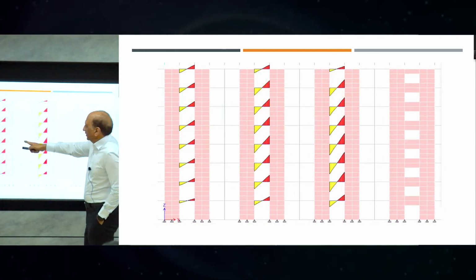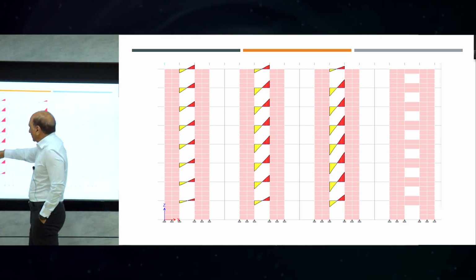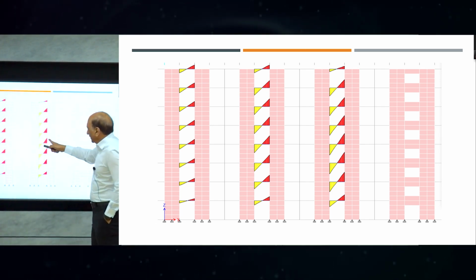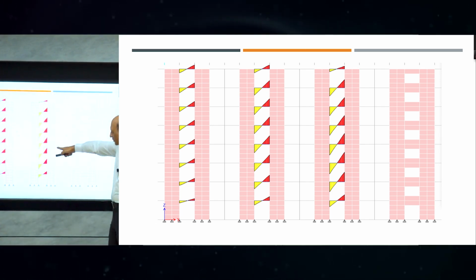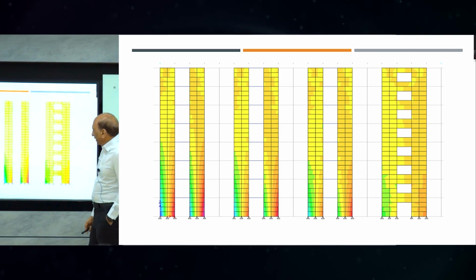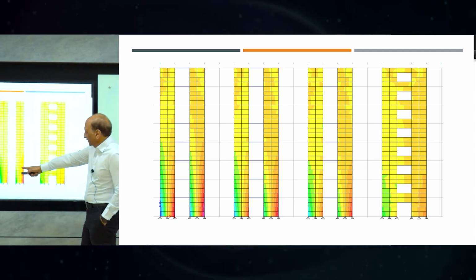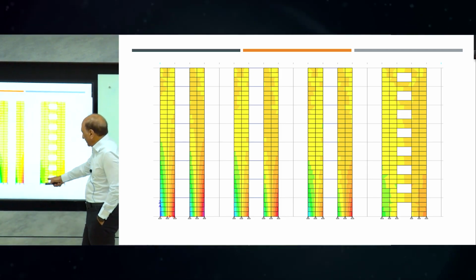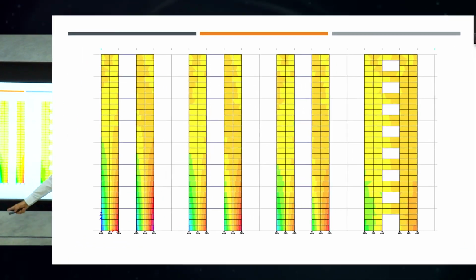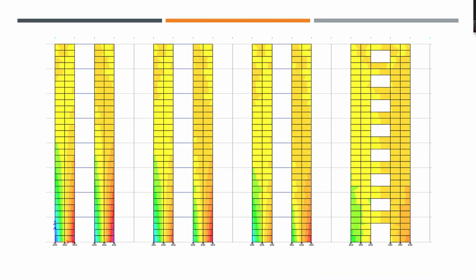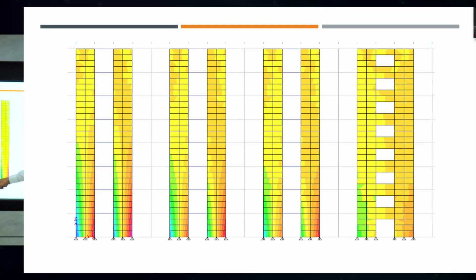So this is the bending moment happening in each one of them. Here, bending moment is increasing as you increase the size. And that is the axial forces happening. The wall axial forces are changing. The whole response of the wall is changing. Here, the two walls are bending independently. So you can see tension, compression, two colors here. So each wall is acting as two separate walls, right? Independent. Here, the tension compression is now shifting a little bit.